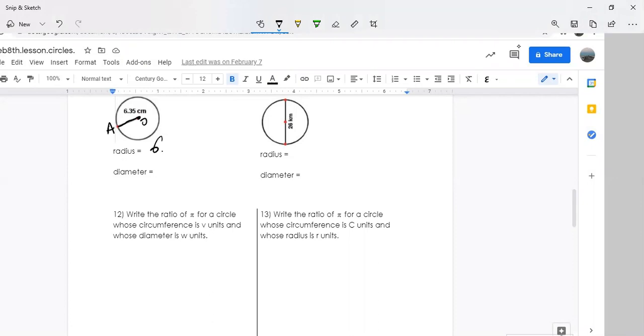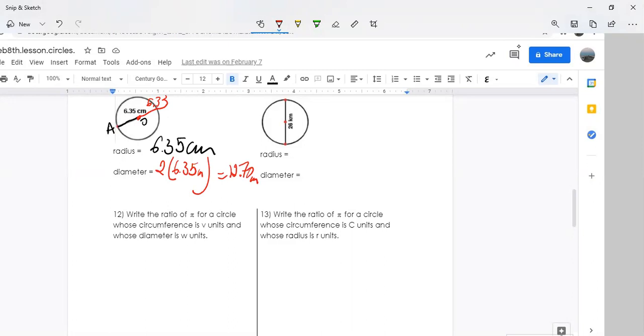The radius is 6.35 centimeters. The diameter is two radii put together. If I draw another one this way, also 6.35, together they make a diameter. So the diameter is twice 6.35.